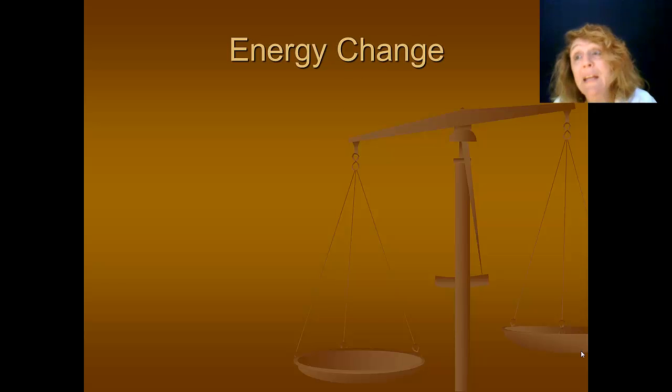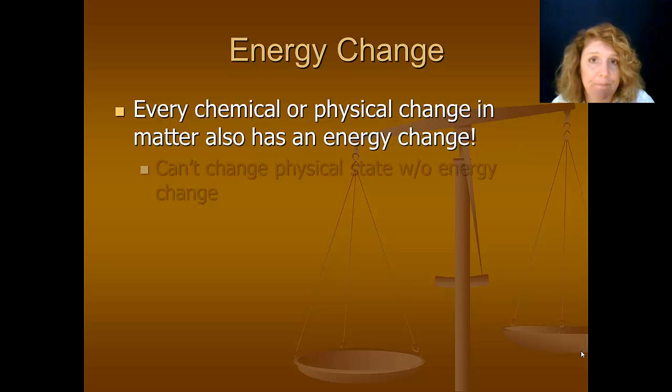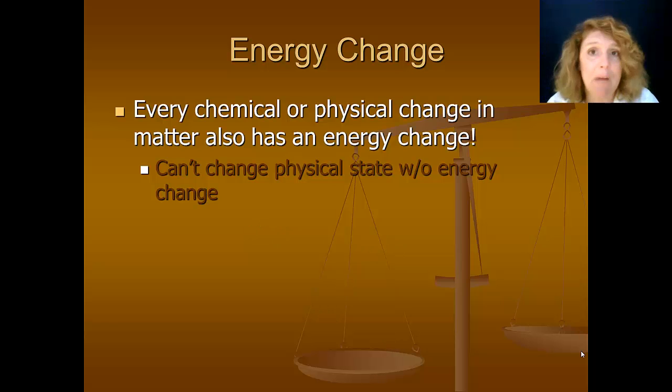Now, when you have a chemical change, there's also some kind of energy change. Every chemical or physical change in state also has an energy change. So you can't change the physical state without an energy change. You know that you can't just go from ice to water without it actually getting warmer. You have to have some kind of an energy change there.